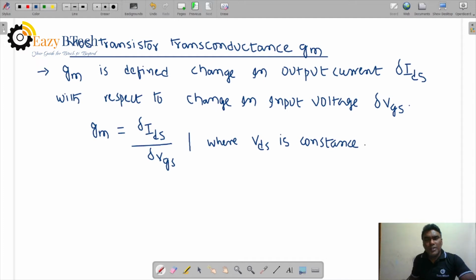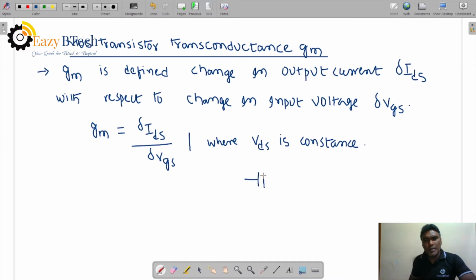So this is a definition and a formula representation of transconductance. IDS is the change in drain to source current with respect to the change in gate to source voltage VGS, the input voltage, so that the current flow through IDS will be changed.